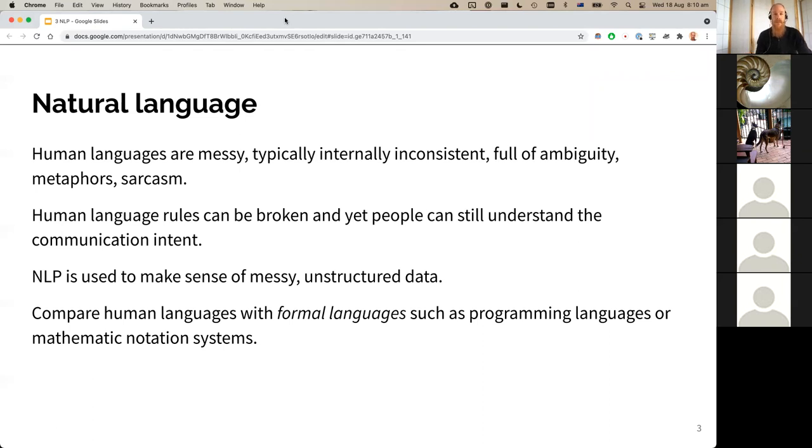So this distinction between human languages and formal languages, we'll see in a moment some of the characteristics of these different languages. Natural language processing are techniques to convert human language into formal languages that are more easily readable by computers.